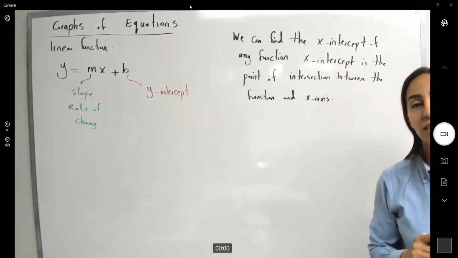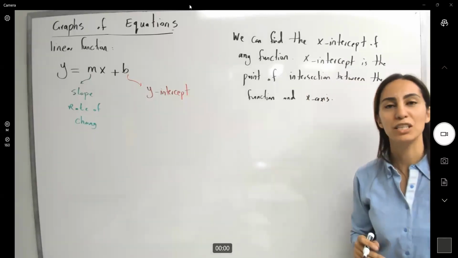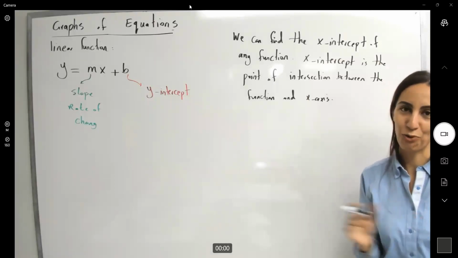To find the x-intercept, you set y equal to 0 and solve for x.